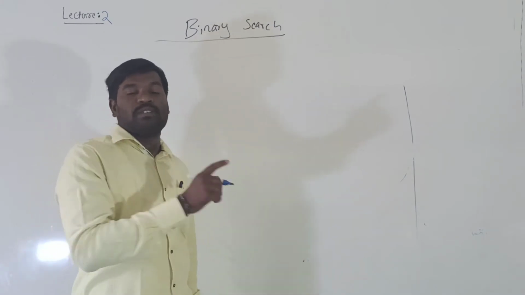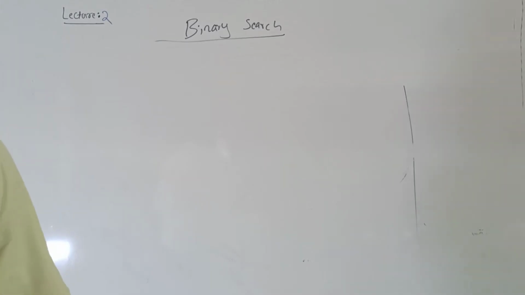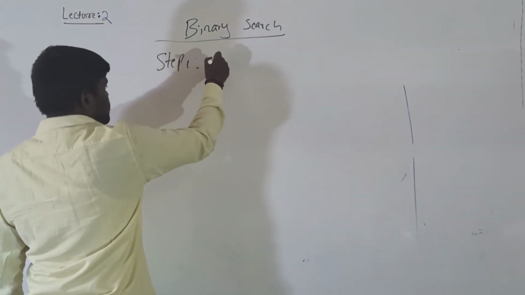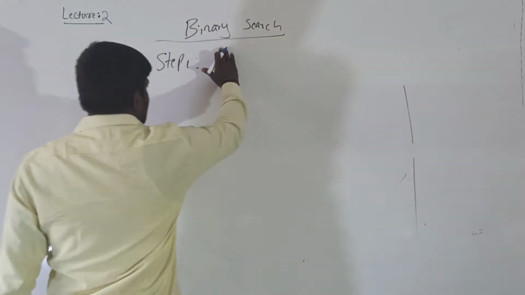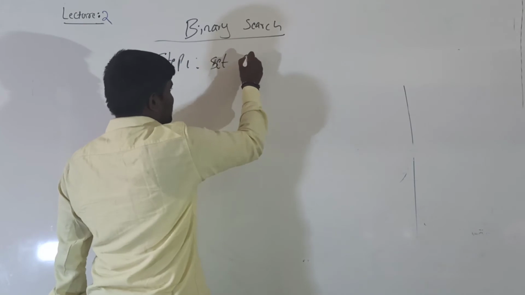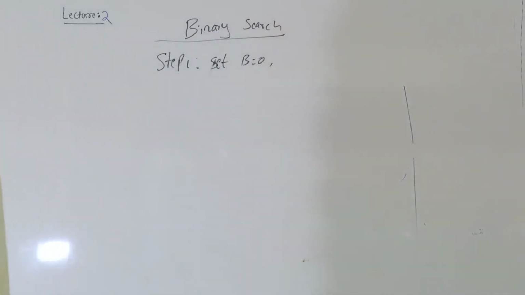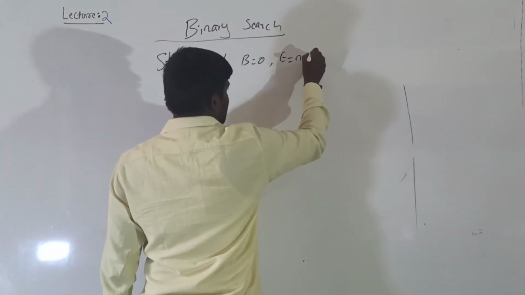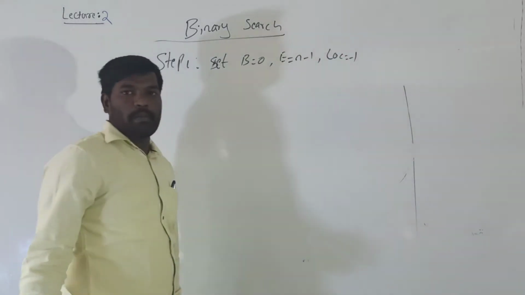First, mid value means we have to find out the middle position. So that's why in step 1, set b is equal to 0, that is beginning is equal to 0, comma end is equal to n minus 1, comma location is equal to -1.